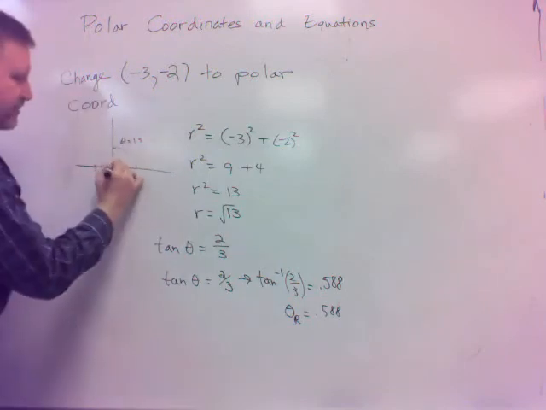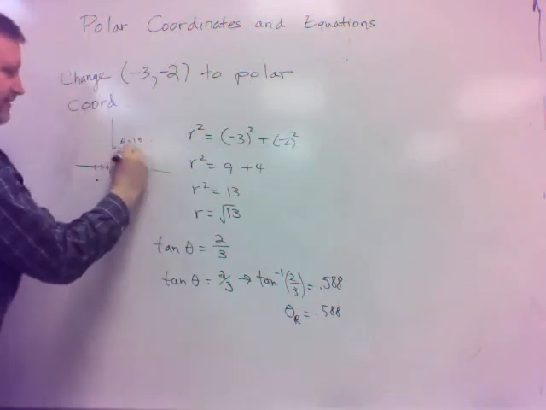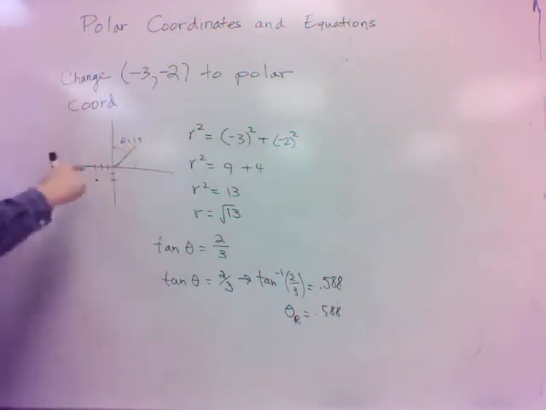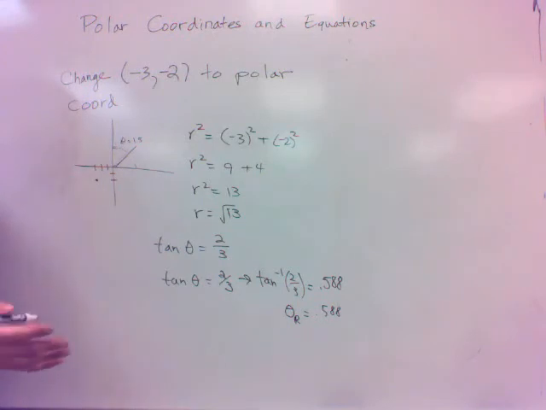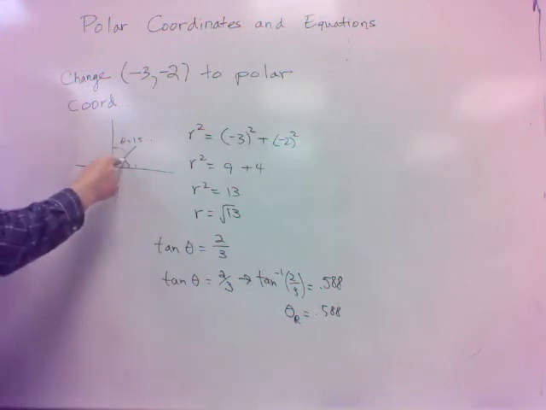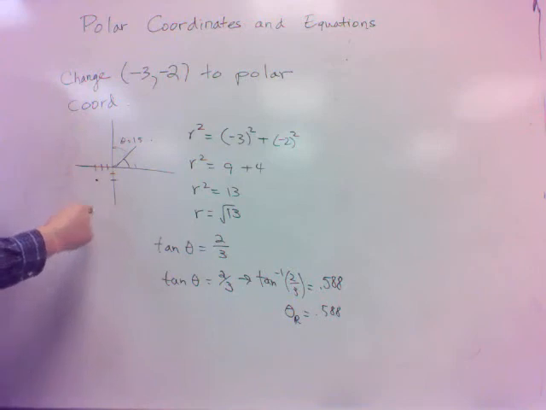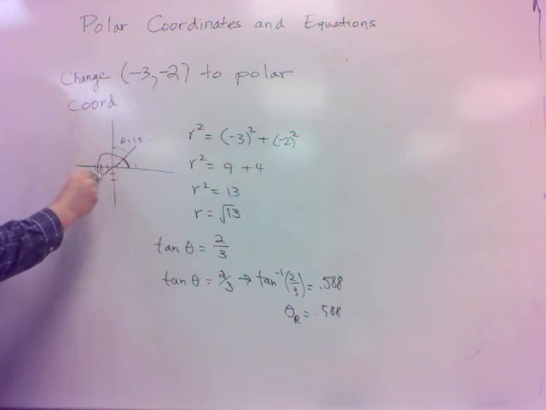So 0.588 would put you right along in here. That's not the angle I need, is it? So there's a couple ways I could do it. Thoughts? I could say that angle and then do negative r, couldn't I? Or I could say that's my reference angle, this is 0.588, so what would that put theta at? Well, it would put it at pi plus 0.588, wouldn't it?